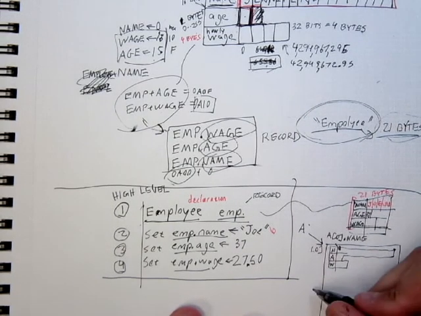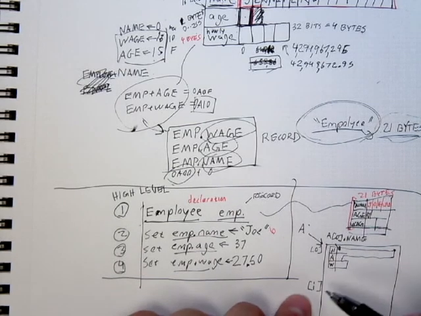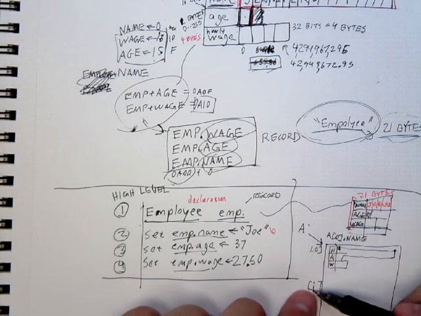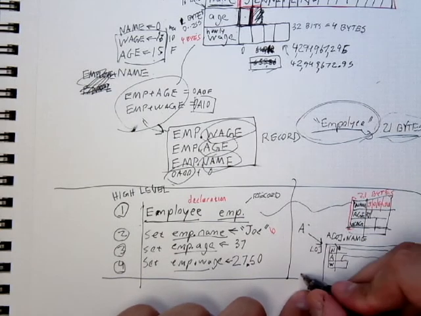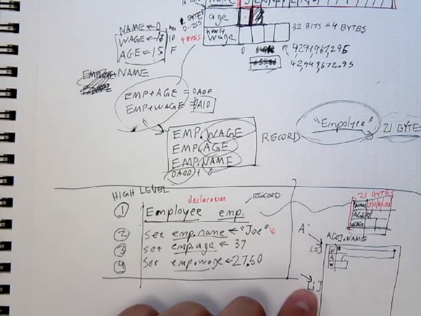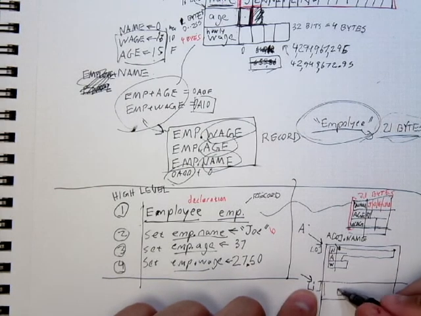I could have somewhere here at index I. In order to get there, I take A0 and I add I times 21 to get me an address right here. And there's 21 bytes being stored, all jagged, with name, age, and wage.